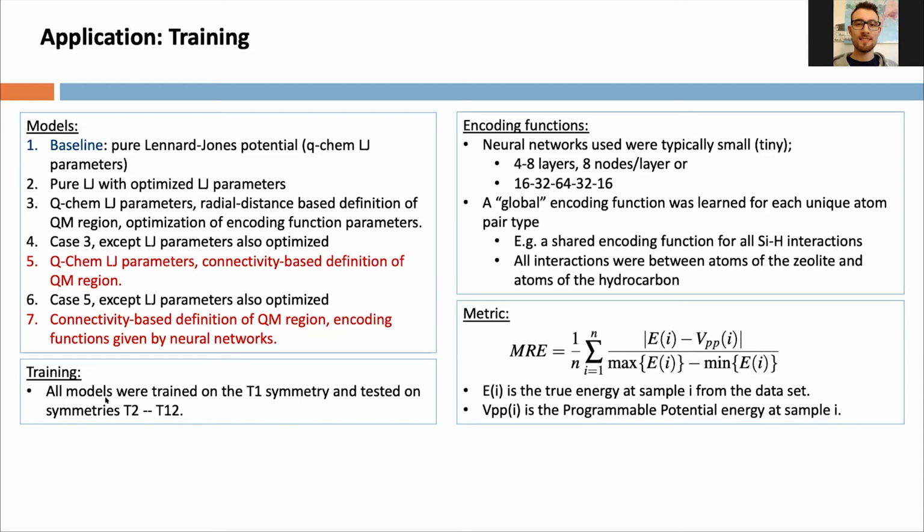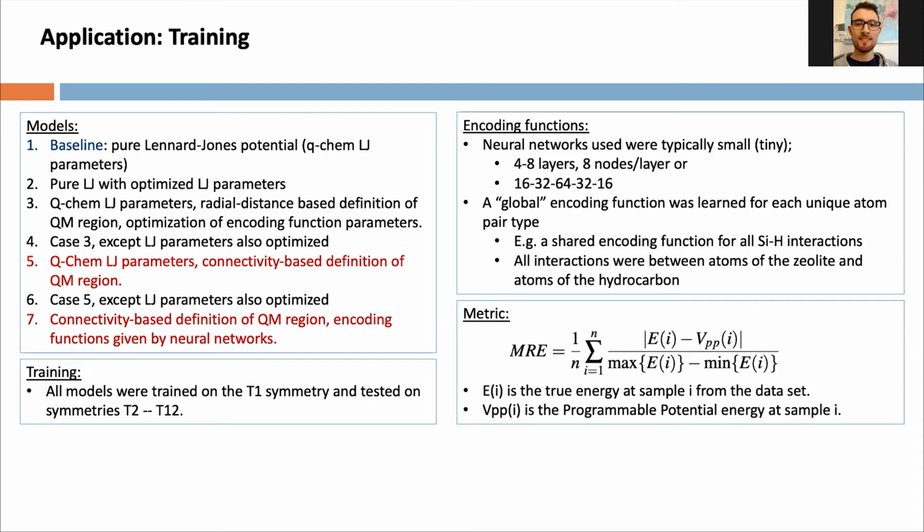As I said, all these models were trained on T1 symmetry and then tested on symmetries T2 through T12. I would like to point out that these networks are typically pretty small. These are 4 layers, 8 nodes per layer, or in one of the transfer learning cases, 16, 32, 64, 32, 16 fully connected layers. I'd also like to point out we try to learn a global encoding function for each unique atom pair type interaction.